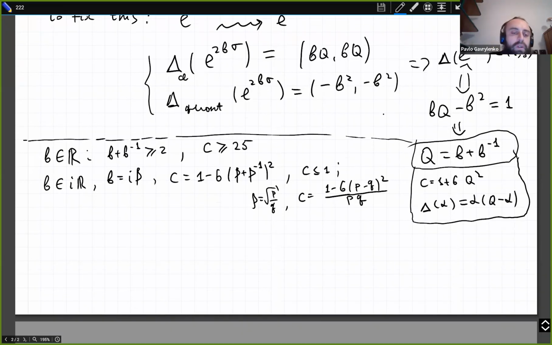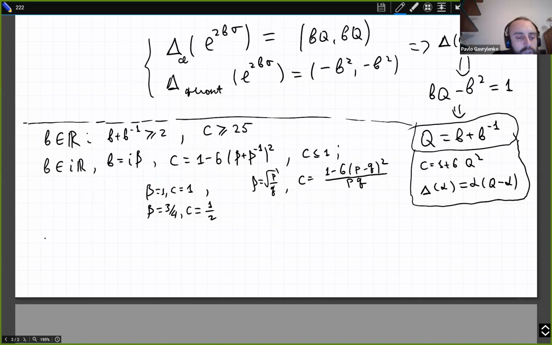Like for example, when beta equals 1, c equals 1. When beta equals 3/4, then c equals 1/2. Something like this.